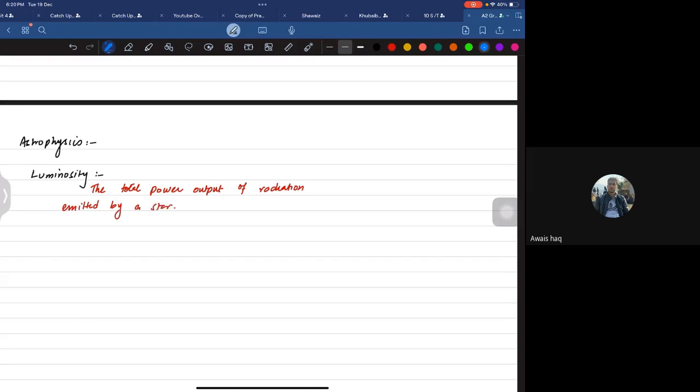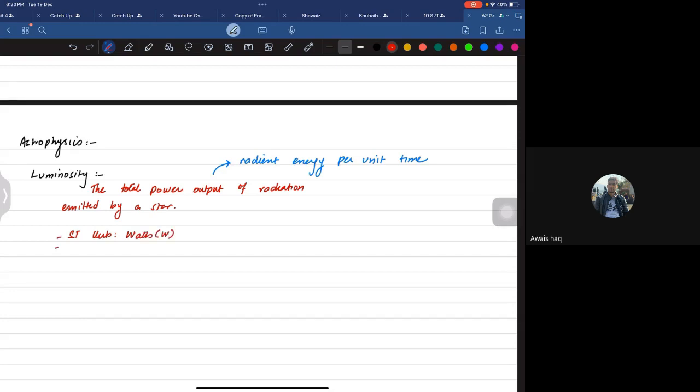It's basically power output, so it means it's equal to the radiant energy, the energy that it is radiating out, per unit time as well. You can also say that. Obviously, because it's output power, the SI unit of luminosity would be watts.